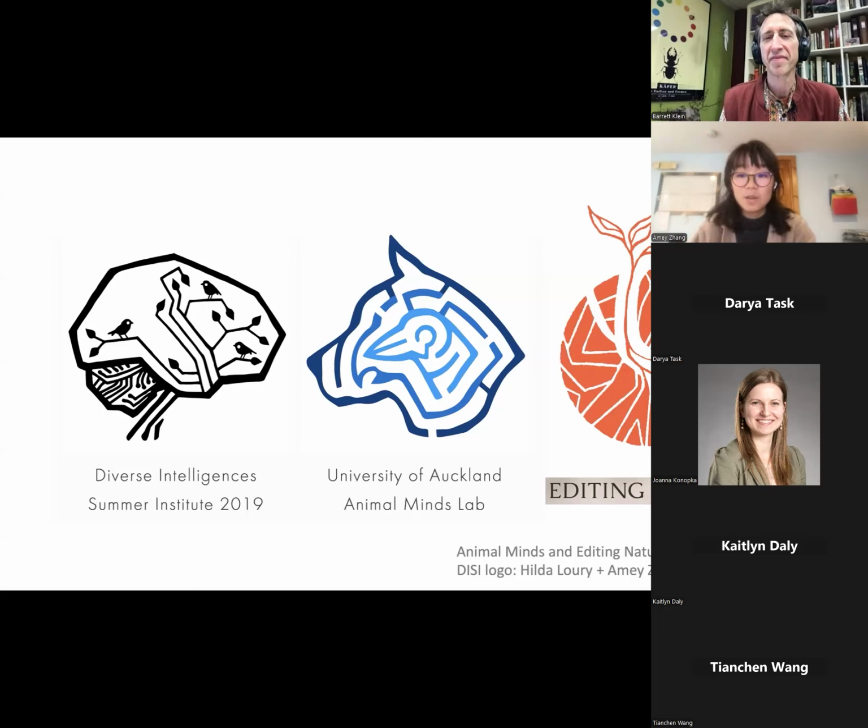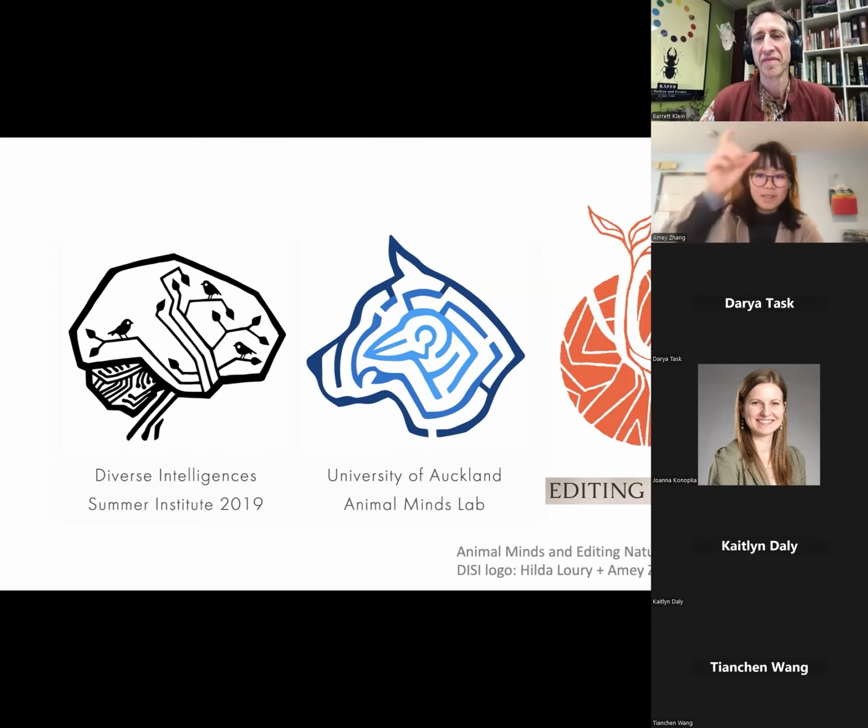And then this last logo is for an organization called Editing Nature that looks at how we make decisions about using gene editing in the wild for conservation purposes. And so it's a more subtle logo that has a bit of that DNA pattern in it, as well as this image of the tree.